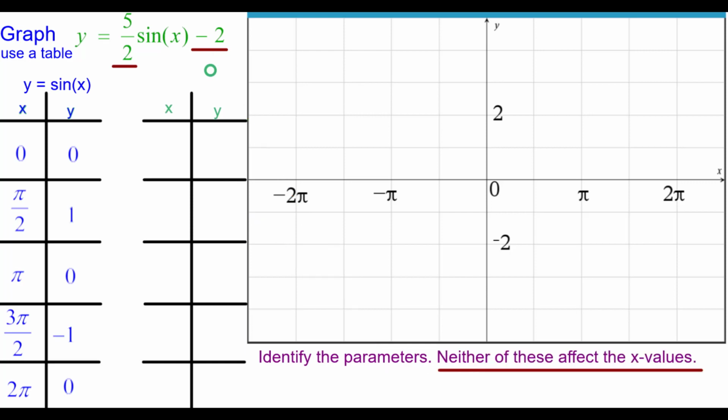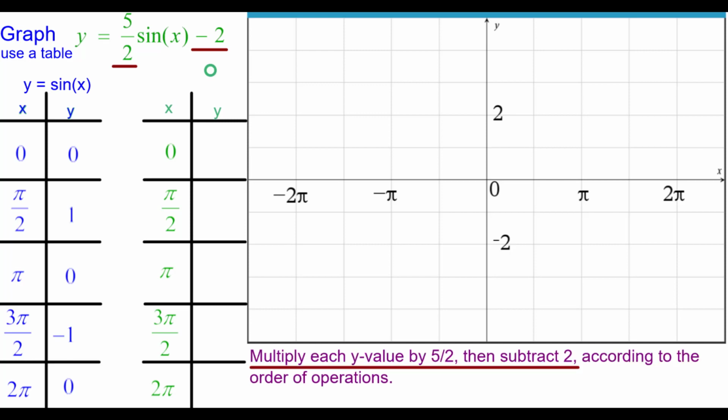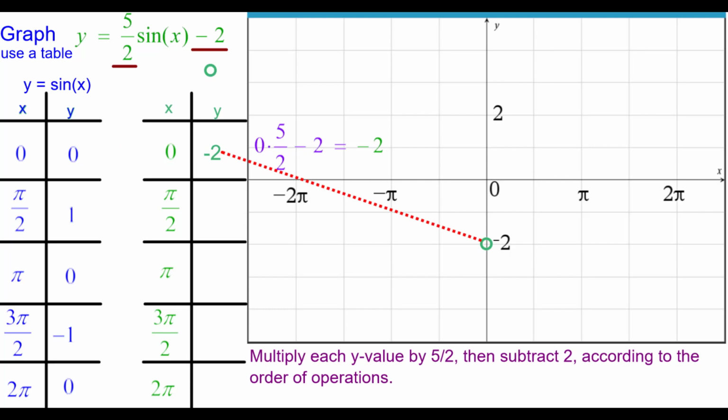And again, neither of these affect the x values. So we can go ahead and just duplicate the x values here. We're going to multiply each y value by 5/2, then subtract 2. That's the order of operations. So 0 times 5/2 minus 2 would be 0 minus 2, or -2. And so we'll go ahead and plot that point, 0, -2.